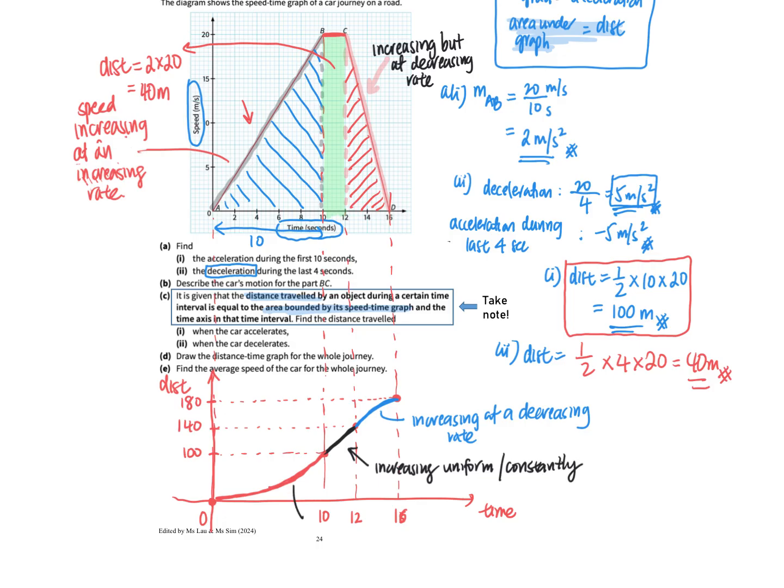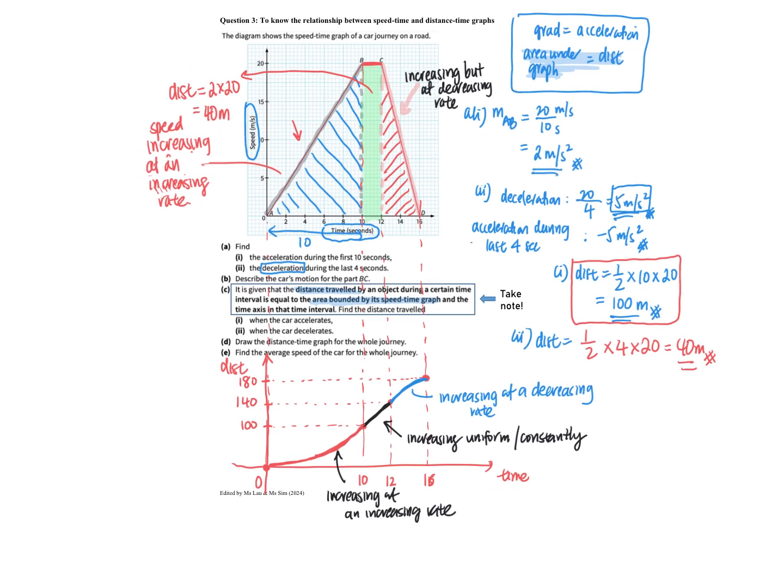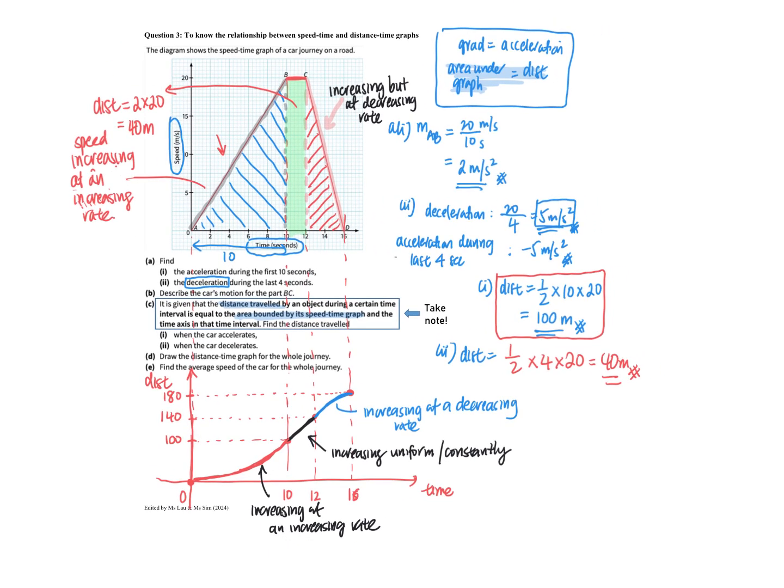This is increasing at an increasing rate. So when you convert the graph, this is how it looks like. Okay, last part. They ask for average speed.